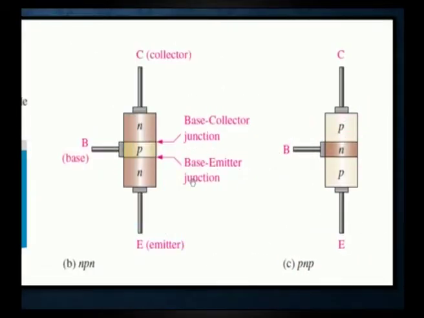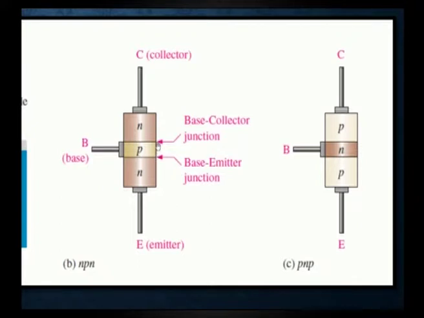Next we are going to look at the NPN and PNP structures. This is how the NPN structure looks, with three terminals: collector, base and emitter. As I already said, the emitter is heavily doped, the base is lightly doped and the collector is moderately doped. Since it is a bipolar junction transistor, there are junctions formed inside the transistor.